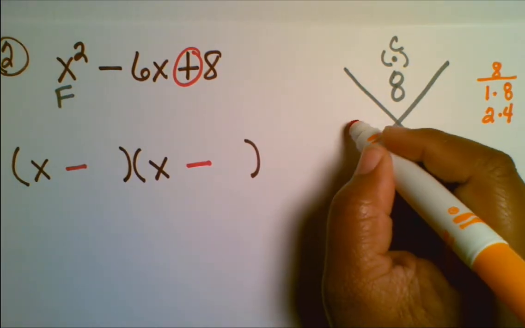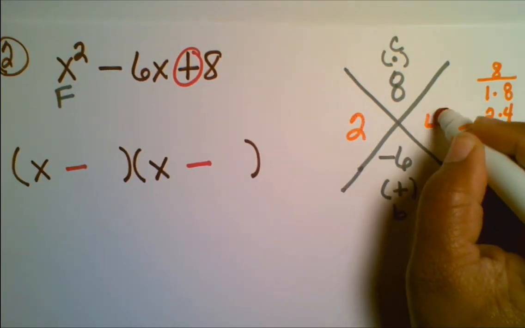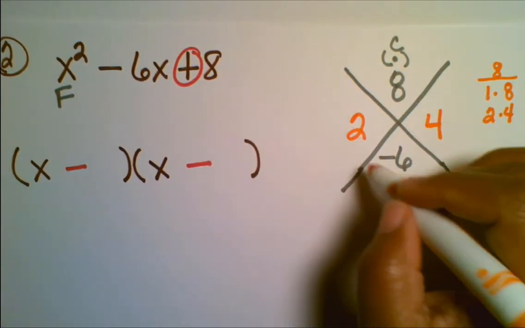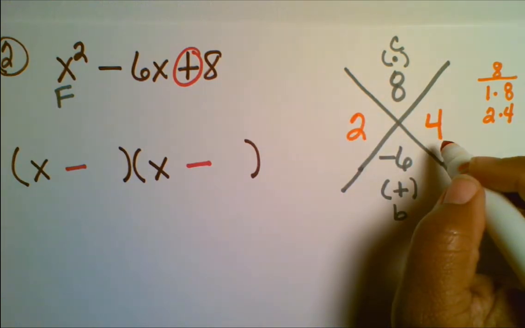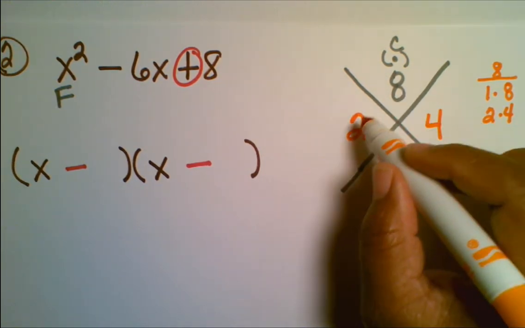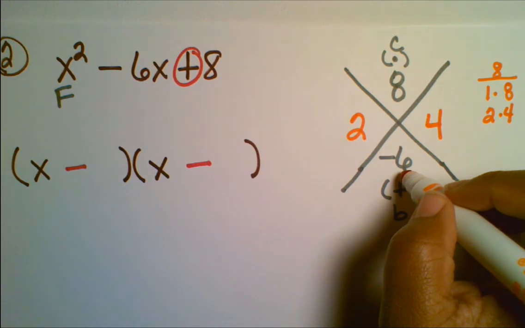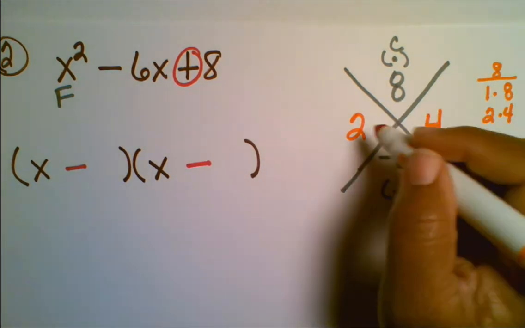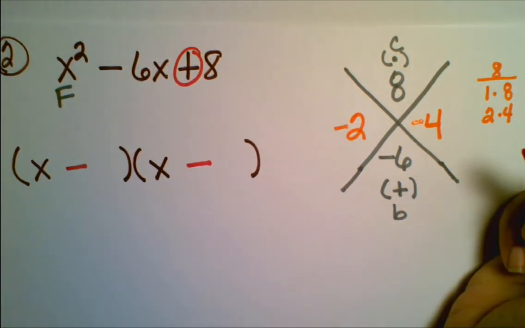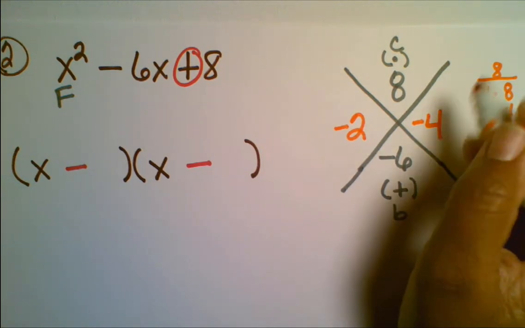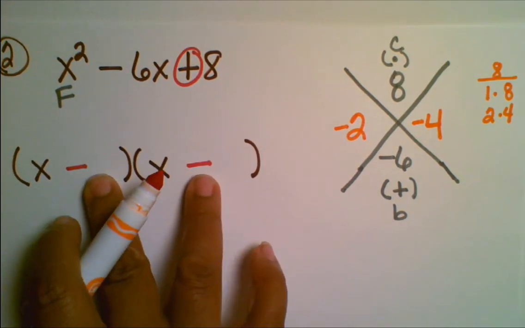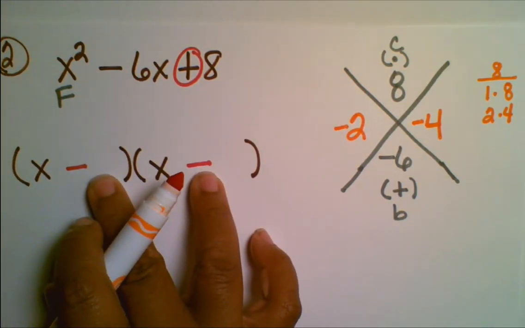So we're going to use 2 and 4, but we want to make sure that this X puzzle is true. See, 2 times 4 is 8. 2 plus 4 is 6. We want -6, so the negative needs to be applied to the 2 and to the 4. So we already have it here when we put our sign rules there.